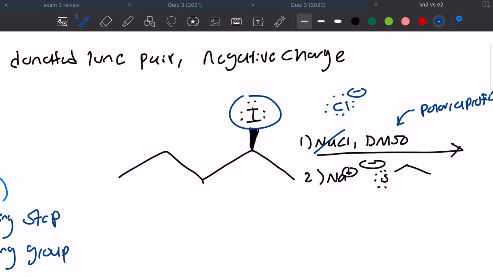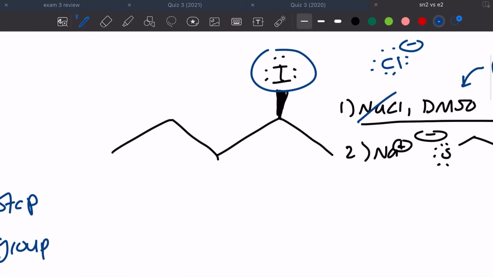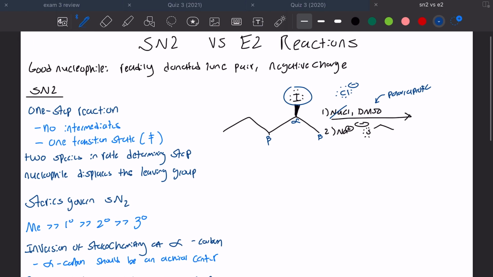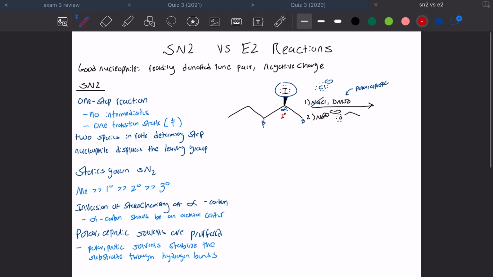Now we want to wonder if sterics are going to be favorable. So we look at our alpha carbon, which is the one attached to the leaving group directly, and these ones are beta carbons because they're the next one over, but they're not really important for SN2. We see that this alpha carbon is secondary, so it's not great, but it's not terrible either.